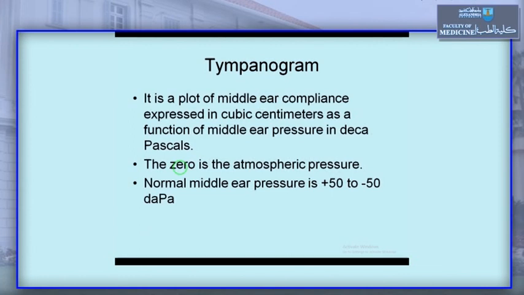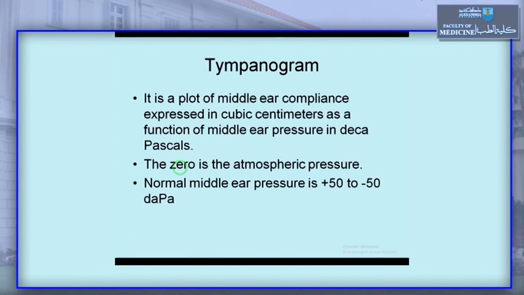And that's the reverse of impedance or resistance. Compliance is measured in cubic centimeters, cc. The second parameter that this instrument can give us about the middle ear is what is the pressure inside the middle ear.